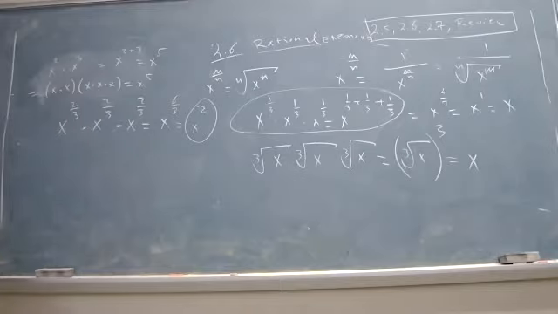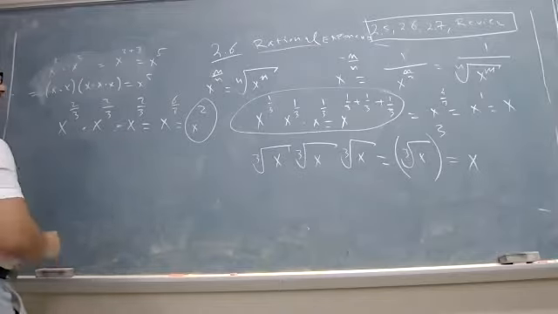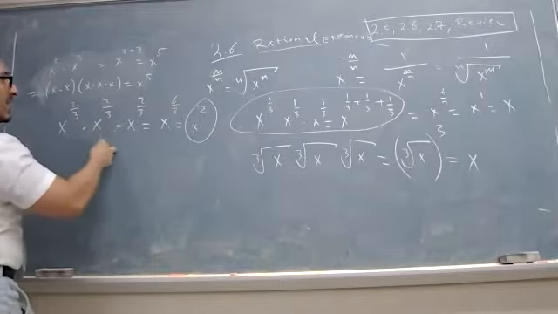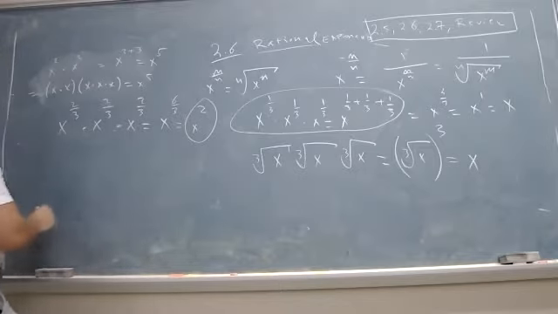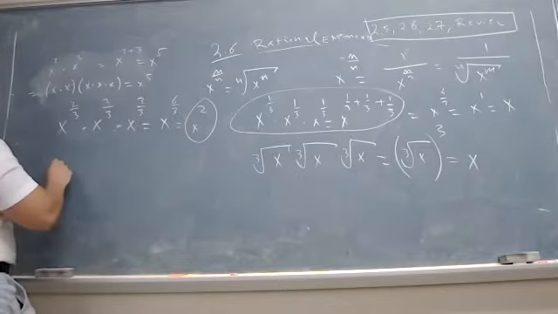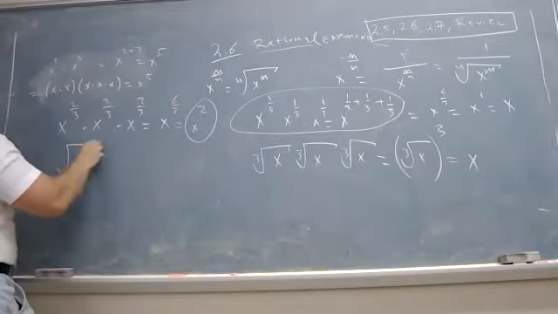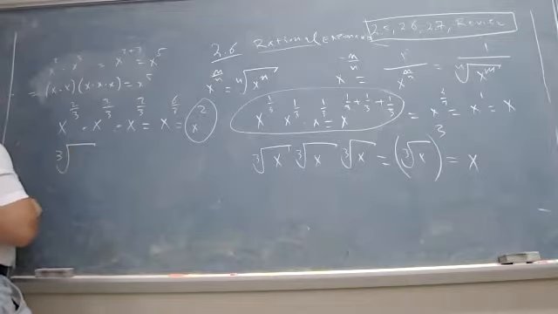So you're saying to me that this is an entity such that when you multiply it times itself 3 times, it equals x squared. So, well, that's precisely the cube root of x squared.